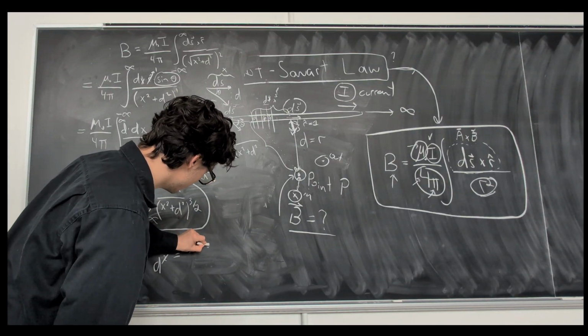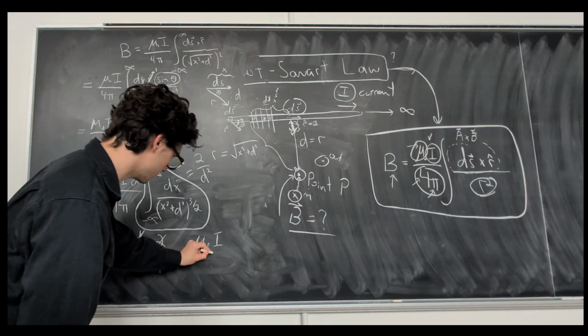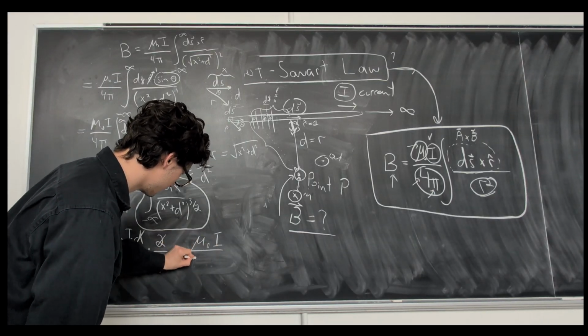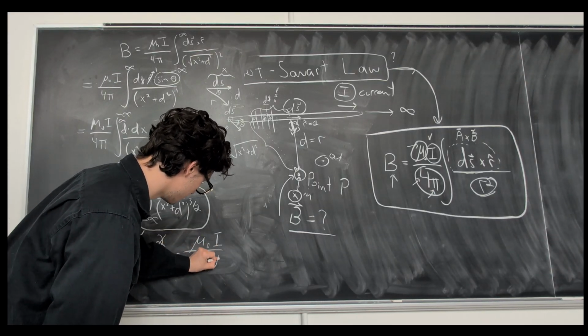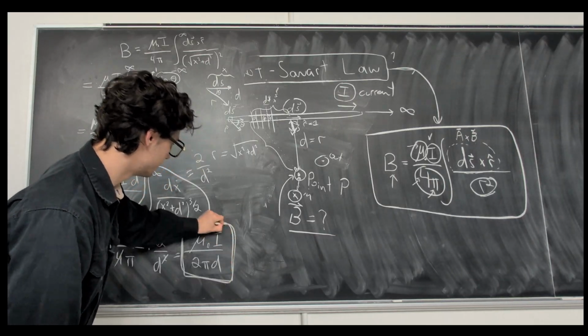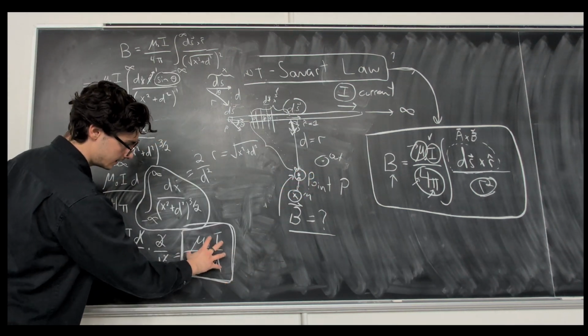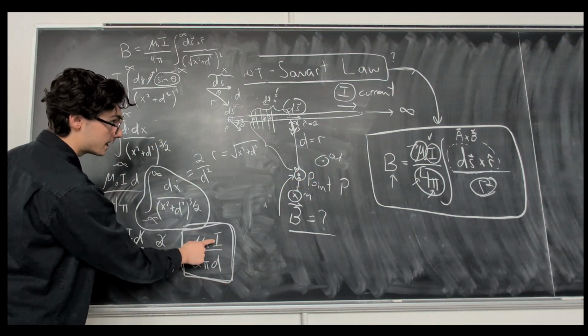So we have mu naught I over 2 pi d. This is the magnitude of the magnetic field a distance d from a wire. Notice that it is in terms of variables. I is a variable.